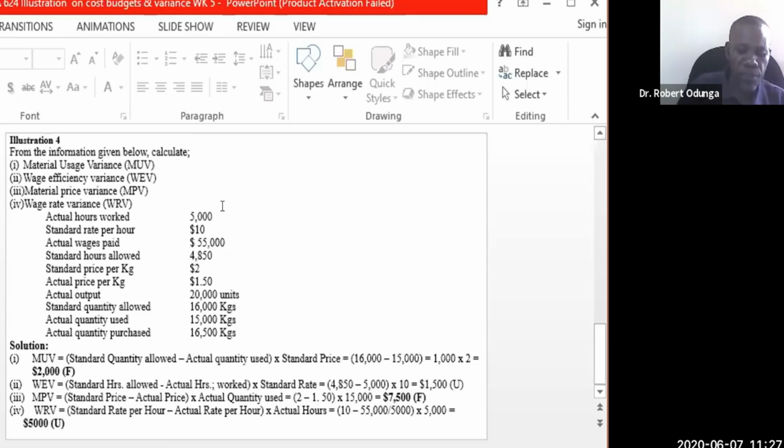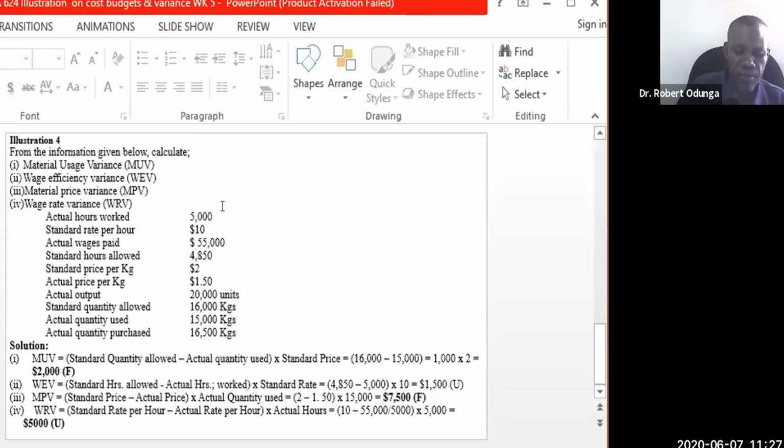Actual output is 20,000 units. Standard quantity allowed is 16,000 kgs.